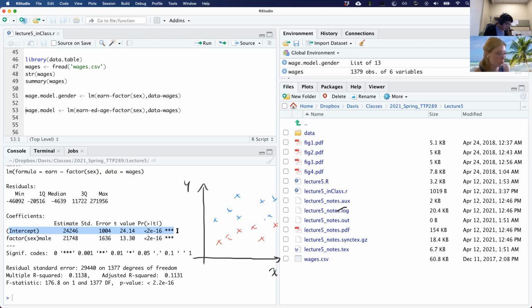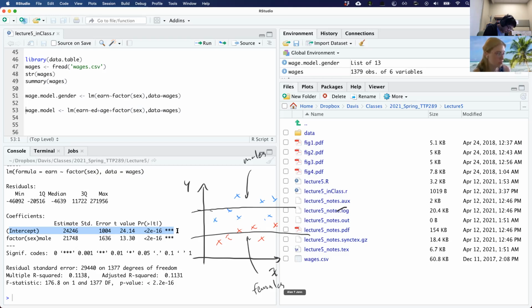In fact, what you're essentially doing is drawing horizontal lines here, because your X's are just these fixed values. And this is going to be for males, and this is going to be for females.